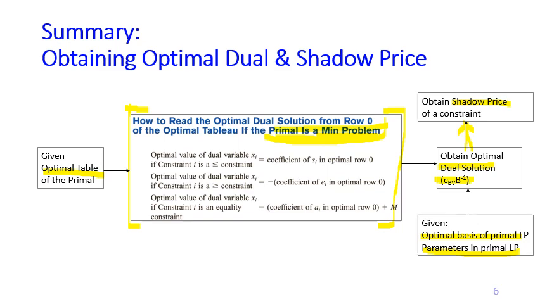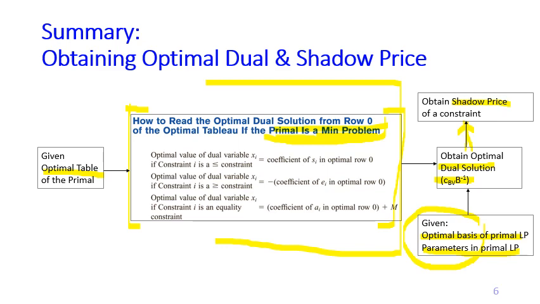What I'd like to say here is that if you don't have the optimal table, but if you have these two pieces of information, you may still obtain the optimal dual solution such that you may still obtain the shadow price. Just remember that if the primal is a minimization problem, then from dual solution to shadow price, you need to multiply the dual solution by a negative sign to obtain the shadow price.